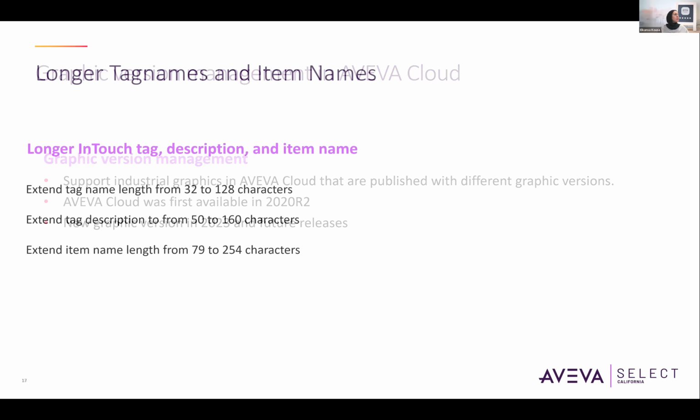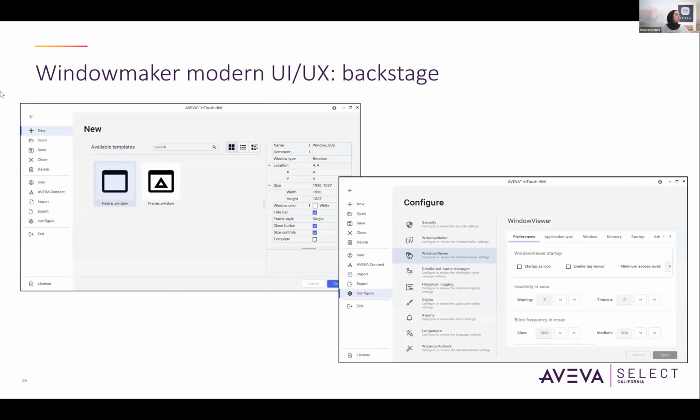If I go a few slides back, you can see here, this is where you would log into your AVEVA Connect account. Once you log into your AVEVA Connect account from your Window Maker, I believe you would create a folder specifically for the graphics that you want to upload to the cloud. And then those graphics that you have uploaded to the cloud are available anywhere for you.